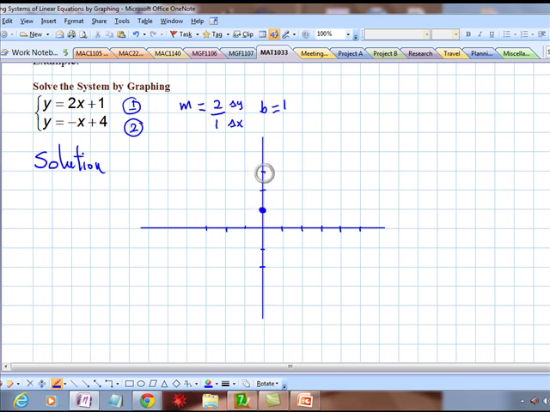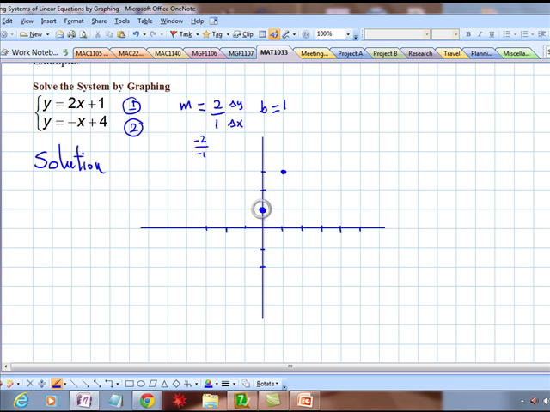So go up by 2, go to the right by 1. You can also rewrite the slope as -2 over -1. It's the same value because -2 over -1 is a positive 2.